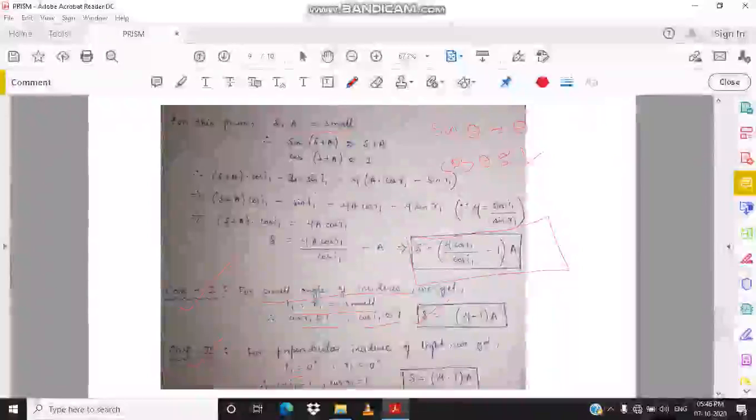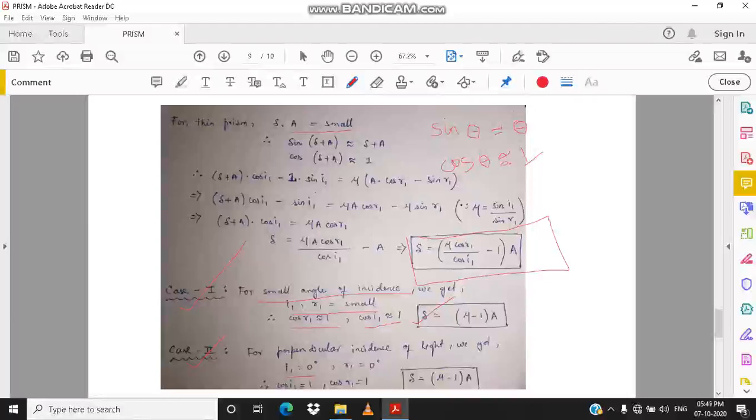The angle between the incident ray and the normal is 0 degree because it falls perpendicularly. So the refracting angle formed with the normal will also be 0 degree, right? I1 and R1 both will be 0, right?